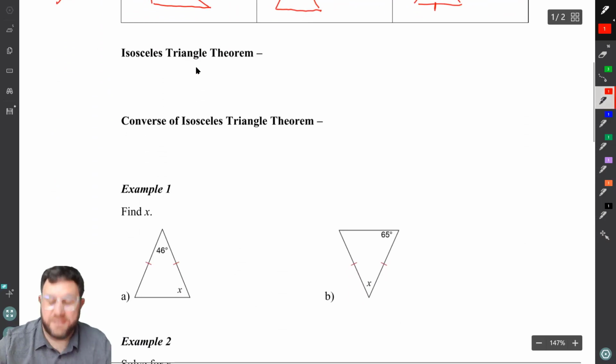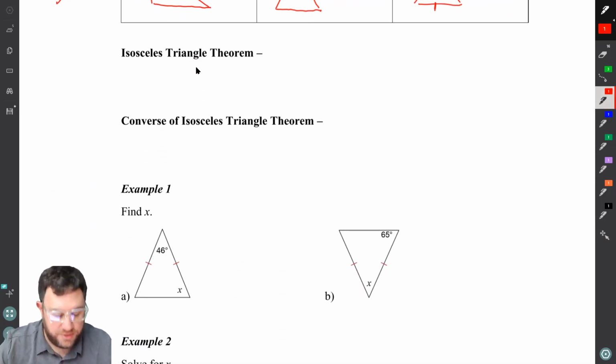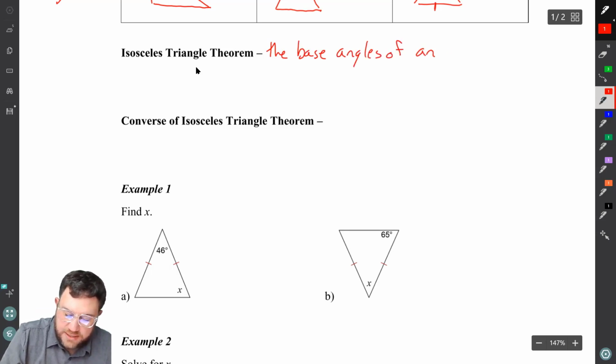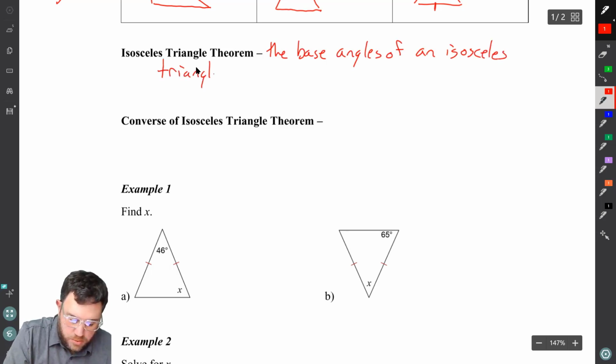Now we'll get into some stuff that is new to you. The isosceles triangle theorem tells us that the base angles of an isosceles triangle are congruent.